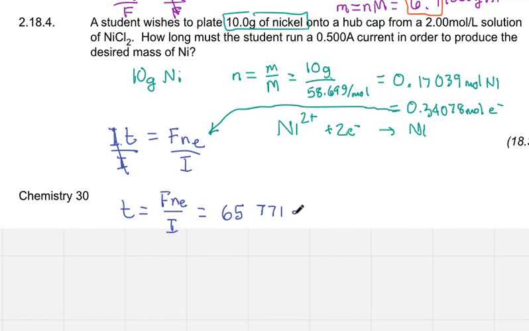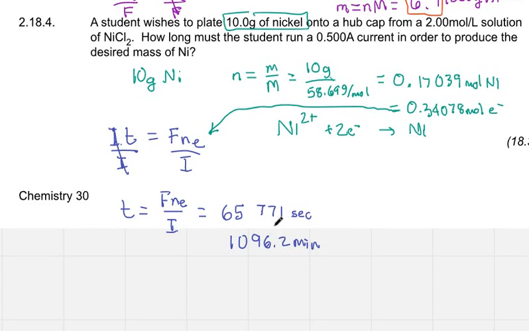Time is always in seconds from this formula. So we get this. Now, if you tell anybody that something is going to take 65,000 seconds, they will think you're crazy. If you divide this amount by 60, that'll turn it into minutes. It's 1,096.2 minutes.